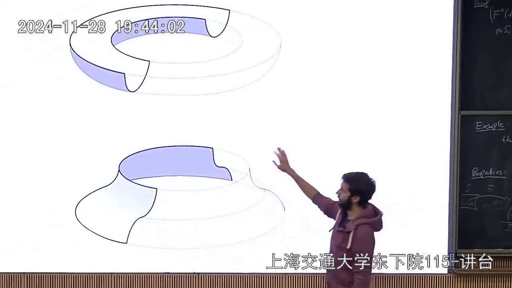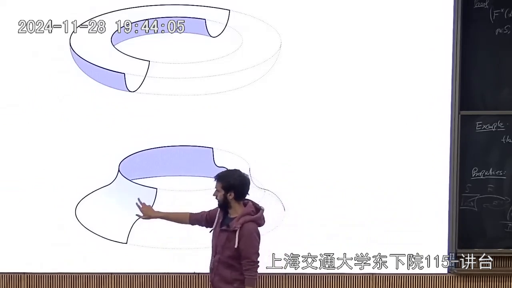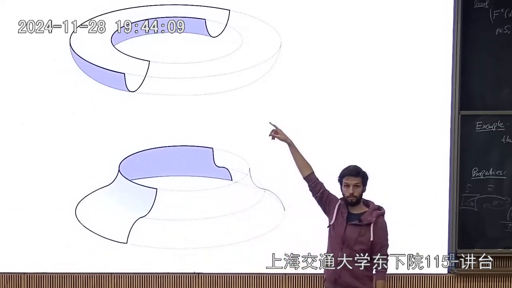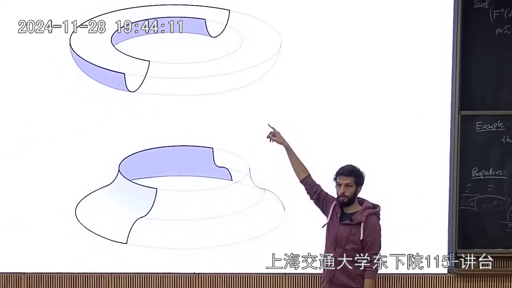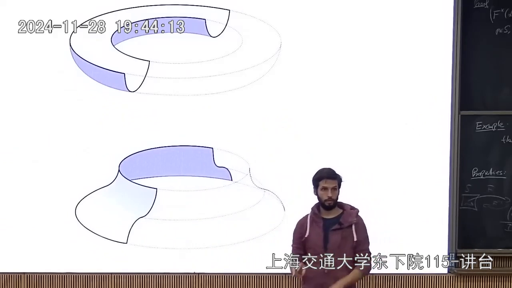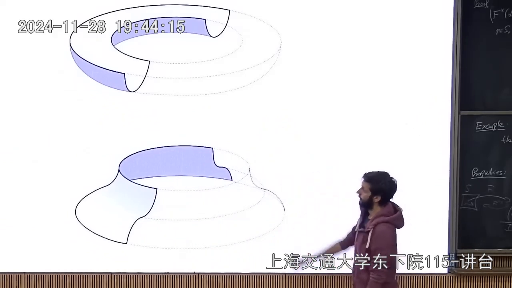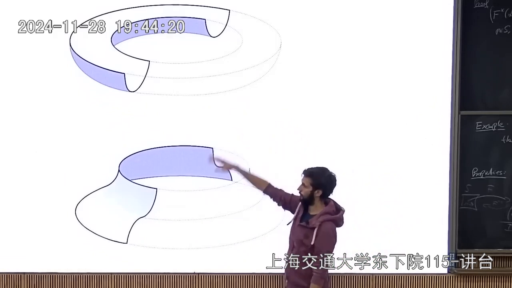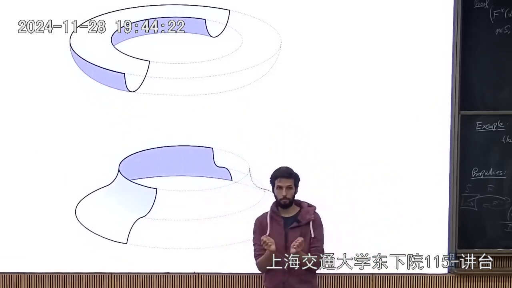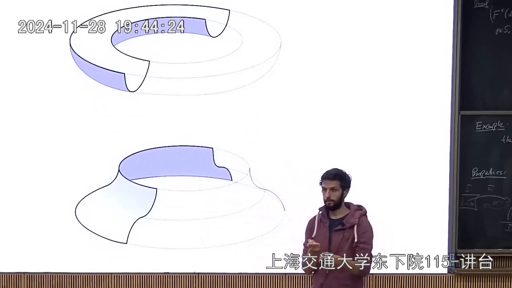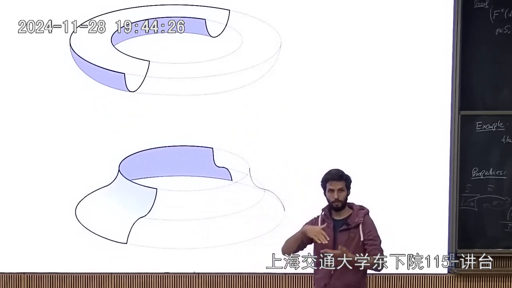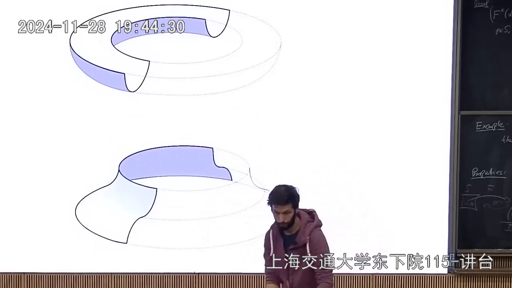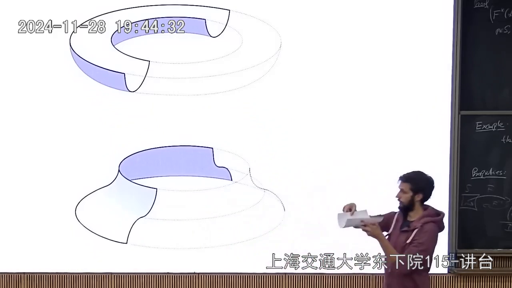And you can see, with a little bit of convincing, that the surface that you get is isometric to the surface that you started with. So you don't change angles and such of vectors. But if you try to continuously deform this surface into that surface, you will see that at some point the sheet of paper will break or crumble.